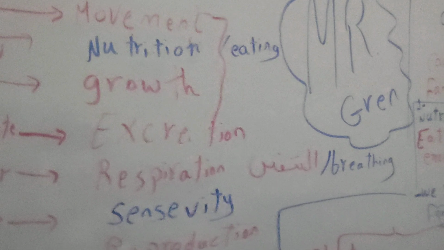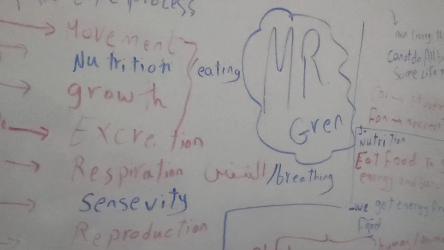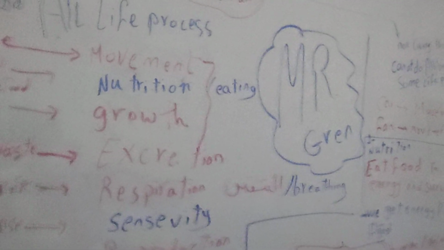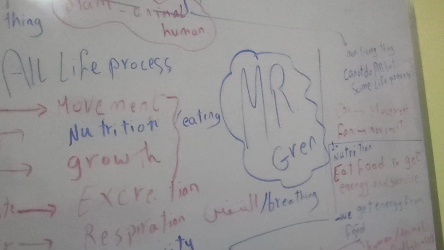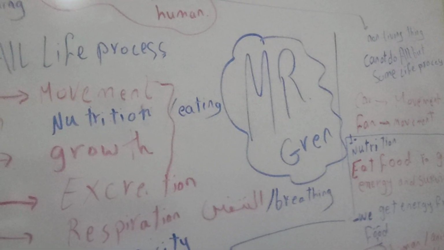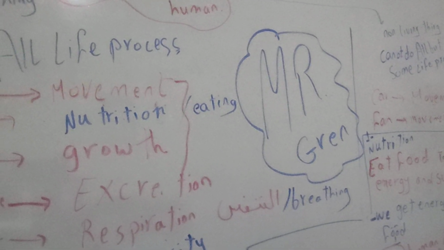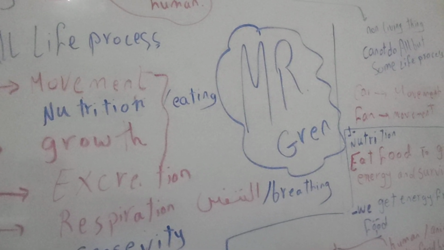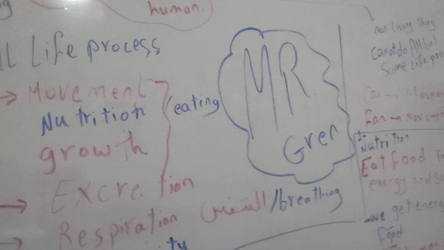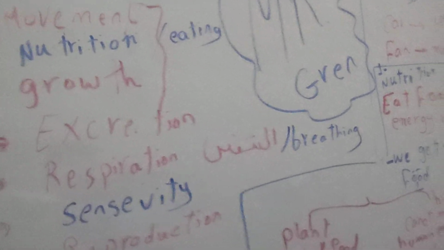E for what? Excretion. And of course, N for nutrition. Shall we say it again? M for movement, R respiration, G for growth, R for reproduction, E excretion, N for nutrition.